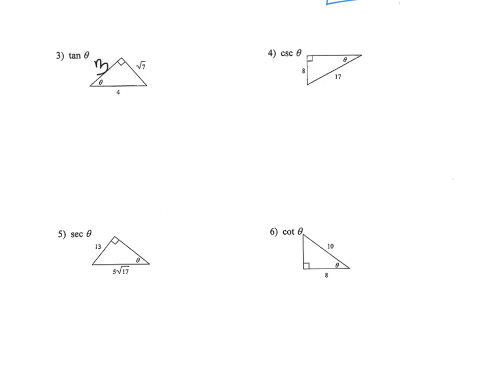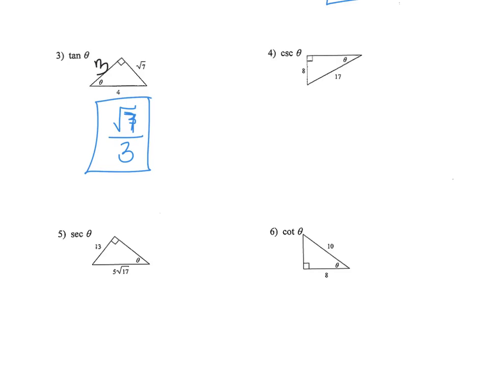That means that tangent, opposite over adjacent, gives us radical 7 over 3. Check your fraction. Does the radical simplify? Does the fraction simplify? Is there a radical in the denominator? No to all of those. That means that's my final answer.